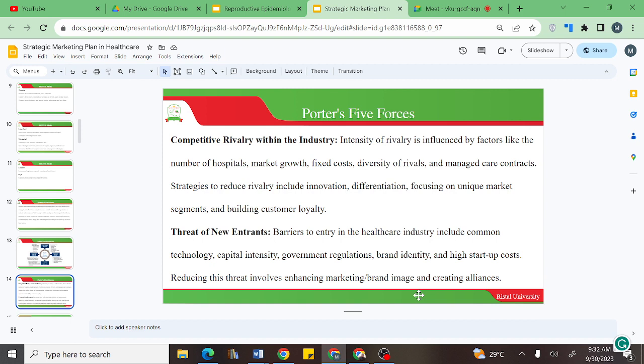And then we have what we call high startup costs. You can have a brilliant idea that you want to implement to change the healthcare industry, but you don't have the capital resources required to implement your innovation at a large scale. This is also associated with the ease with which you can access financial resources.